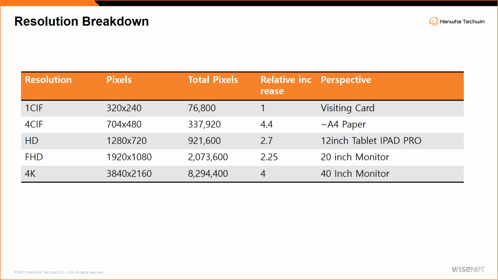Next is the resolution. Higher the resolution, higher the pixel per meter. Higher the resolution, higher the pixels. If you have an HD camera, 1 megapixel camera, roughly 1 million pixels. If you have a 2 megapixel camera, you have 2 million pixels. You're covering the same scene, but you're providing double the pixels, more details.